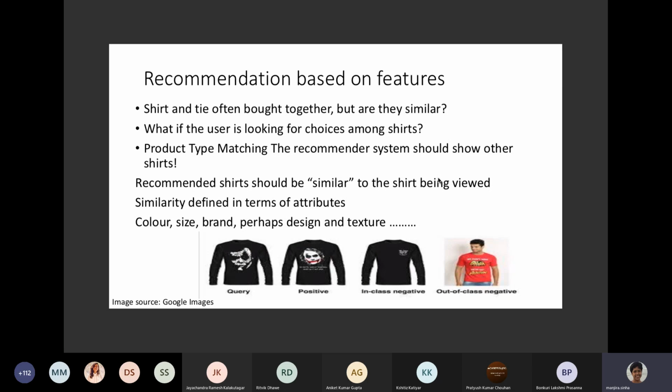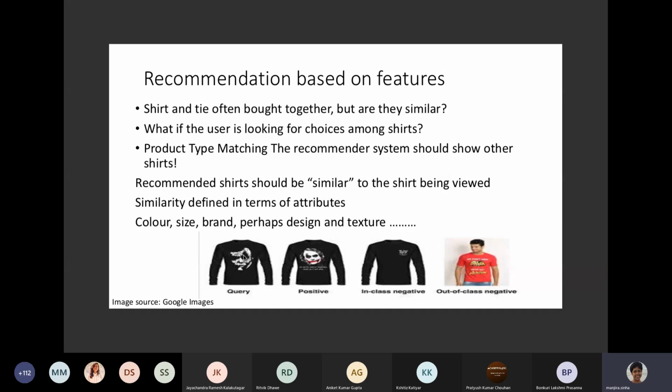So there can also be similarity based on the same types of products. In product type matching, the recommendation system should show other shirts. Say I want something like this, this is in my mind.